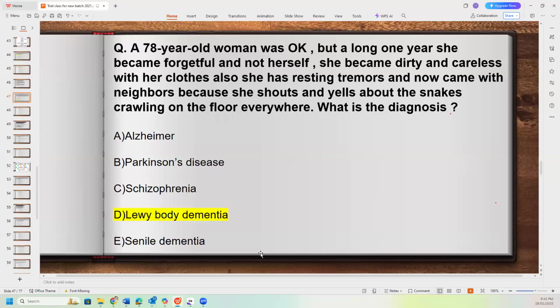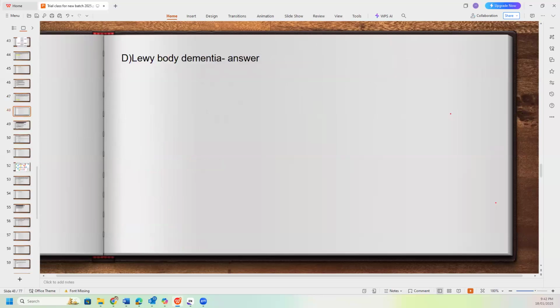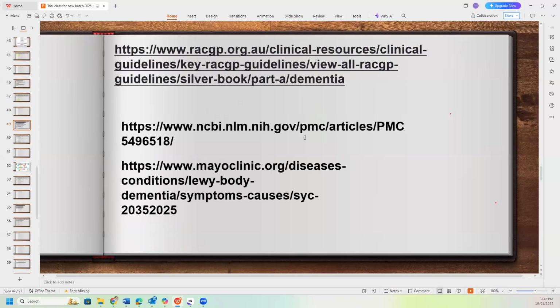Schizophrenia is a psychotic disease. It's a risk factor for dementia, but it's not a dementia disease. It's a psychosis. All right. So the answer is Lewy body dementia.